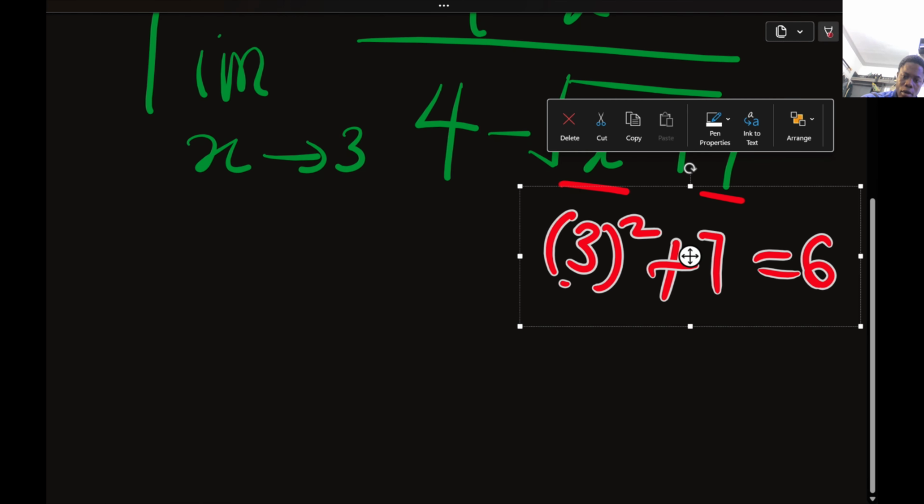So we are going to get the limit as x approaches 3 of 9 minus x squared in one bracket, multiplying 4 plus the square root of x squared plus 7, close it nicely, all over 4 minus the square root of x squared plus 7 multiplied by 4 plus the square root of x squared plus 7.